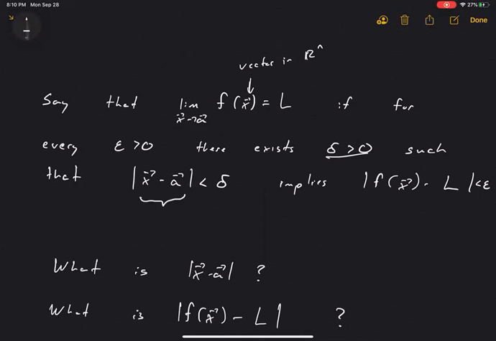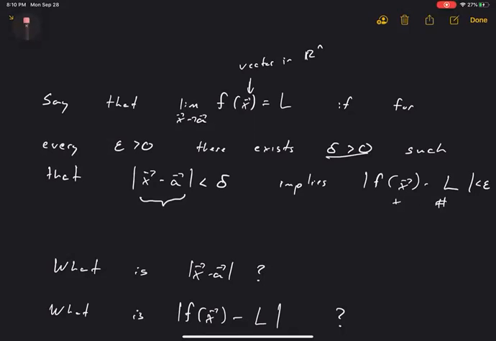That means I've taken my vector subtraction, x minus a, I've taken the magnitude, and the magnitude is less than delta. That's all that means. Same thing for this epsilon here, but this is not a vector. This is just one number minus another number, and the absolute value is less than epsilon.